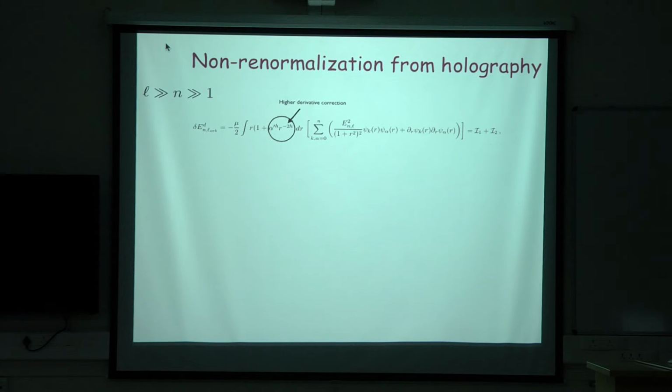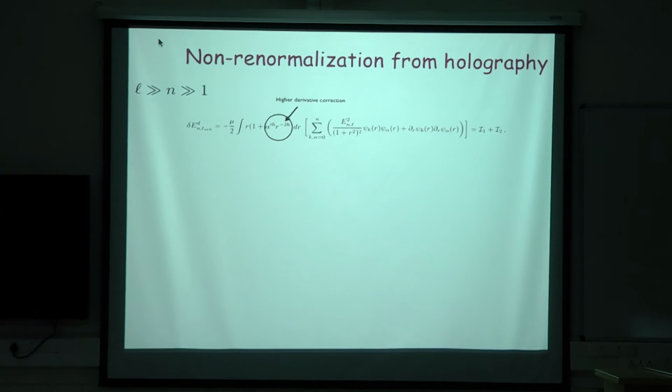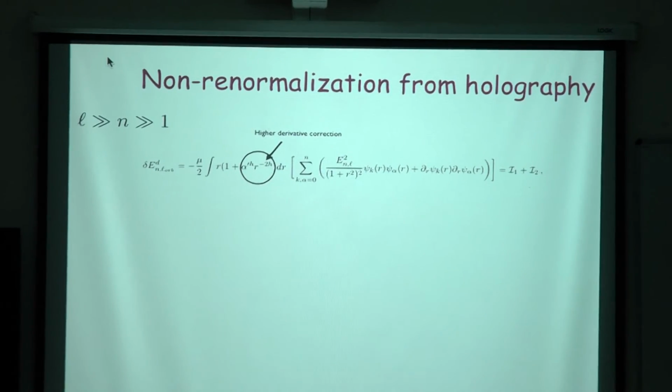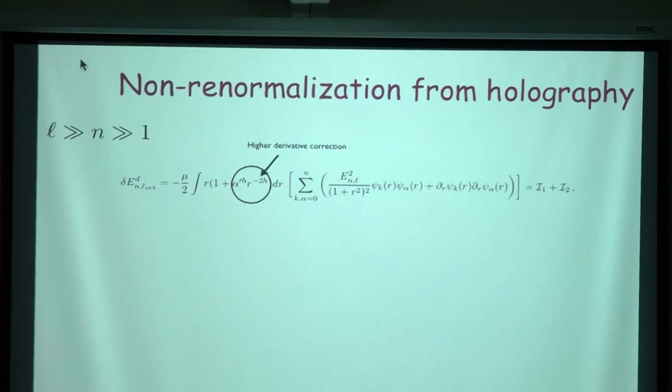So let me just quickly flash this slide. You can put in some alpha prime corrections or higher derivative corrections to see what the role of these corrections is. When you put in a generic alpha prime correction, two things happen. One of them is that they correct the centrifugal potential, so to speak, but they also correct the kinetic term.